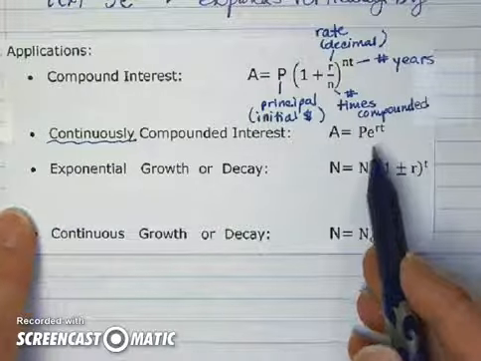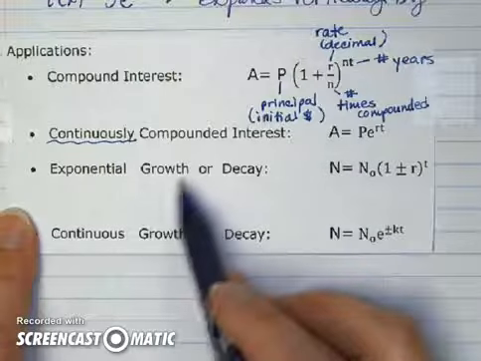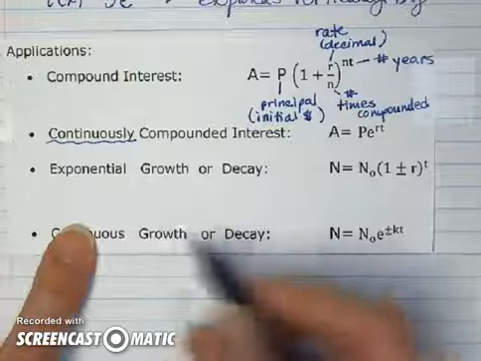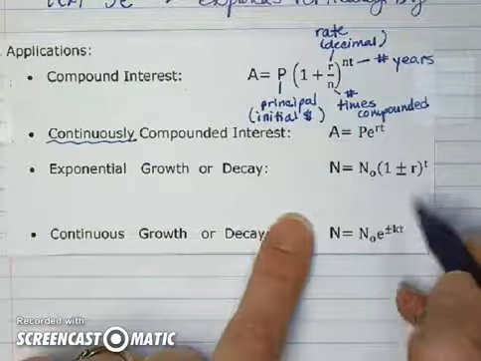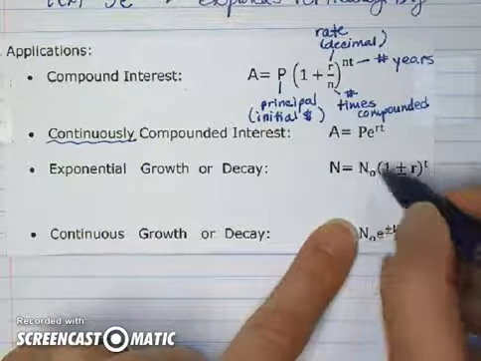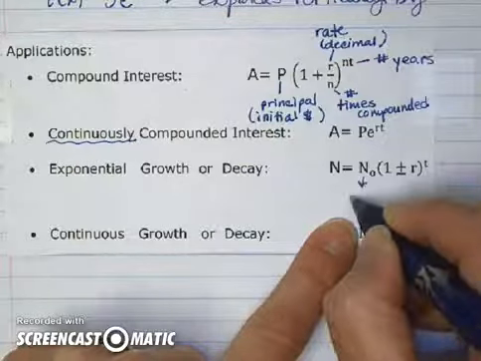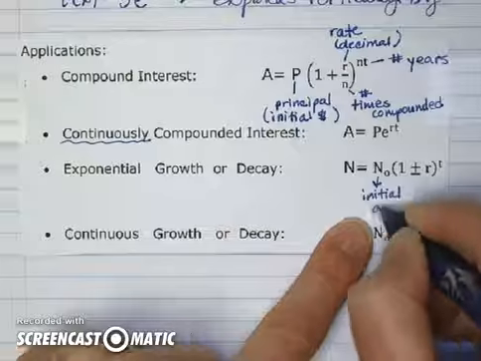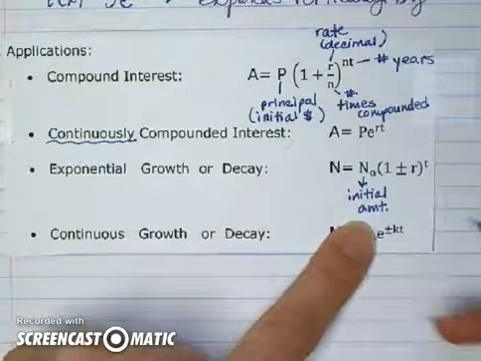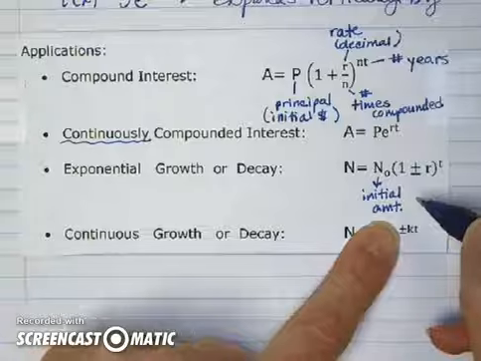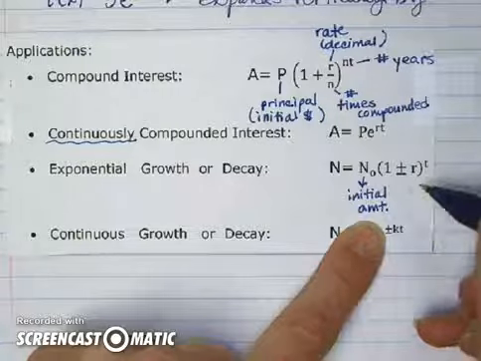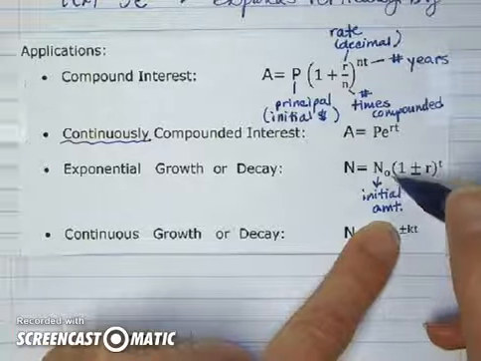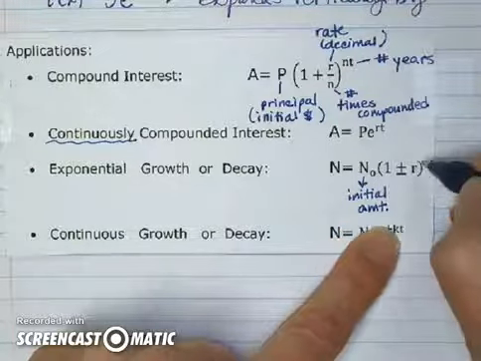Now, we had some formulas earlier. We looked at the graph for exponential growth and decay. Here, your N sub 0 is going to be your initial amount. This is more of an amount of bacteria, for example, or of a population that you start with, the initial amount. Your rate here is still a decimal.